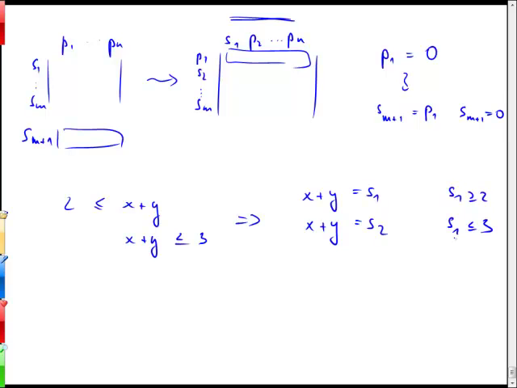So I have a 2 times 2 matrix. Can I optimize something in this case? Can I do something more efficient?